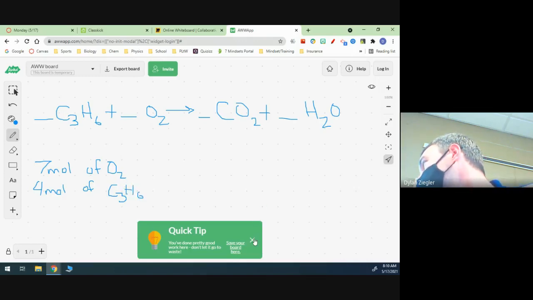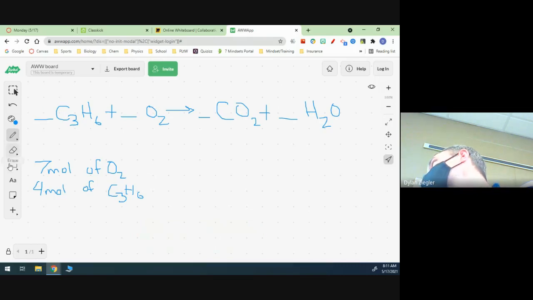I want you to not only balance, you're going to have to balance, you need to tell me which one here is the limiting reactant. Ready, go. So in the chat, virtual students, you can just put the limiting reactant when I call time.